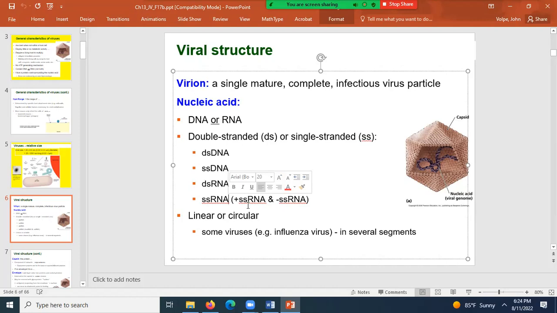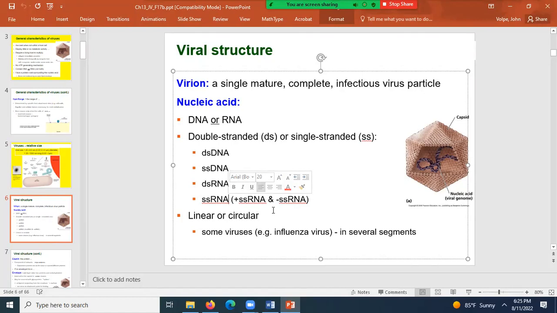The positive strand, single-strand RNA molecule can be read by the ribosomes, and that would be something like AUG. The ribosome can read it and then translate it into protein.